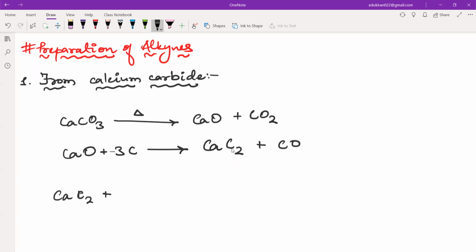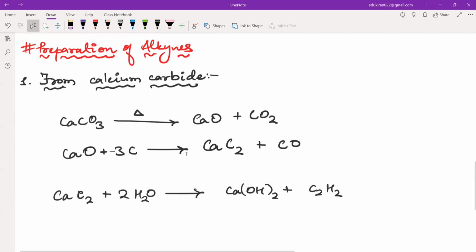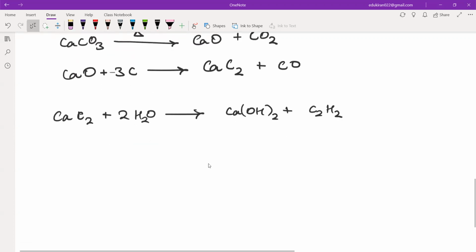You treat this with 2 moles of H2O, and you will get calcium hydroxide plus ethyne, that is C2H2. So you can think of this reaction as you have calcium and you have C2 and you have water.